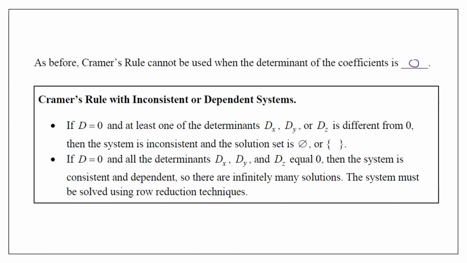If d equals 0 and all the determinants, d subscript x, y, and z equal 0, then the system is consistent and dependent, so there are infinitely many solutions. The system must be solved using row reduction techniques. So the first one is or, the second is and.